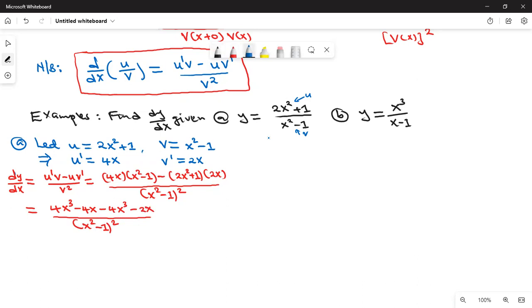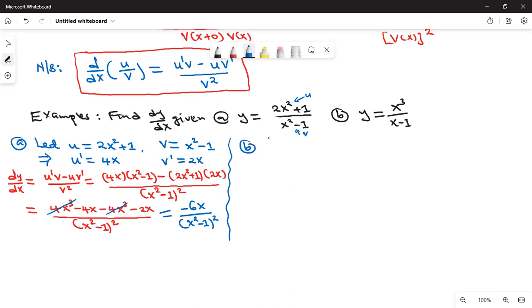The 4x cubed will cancel with the other 4x cubed, and negative 4x and negative 2x will give us negative 6x. So dy dx equals negative 6x over x squared minus 1 squared.